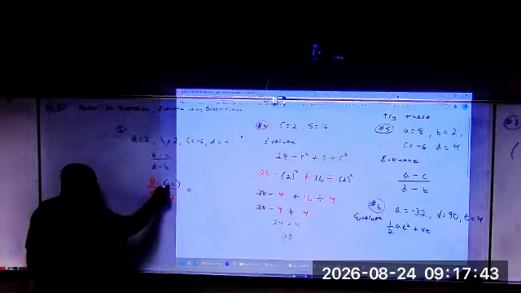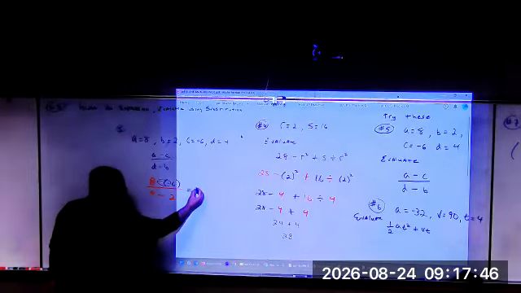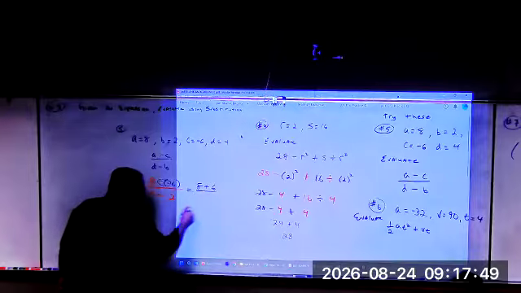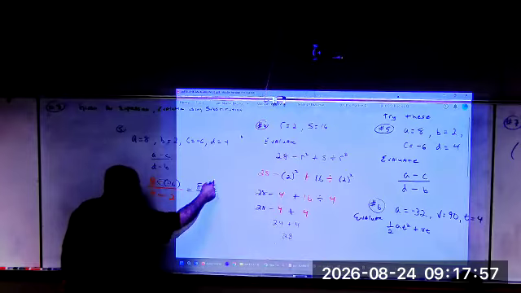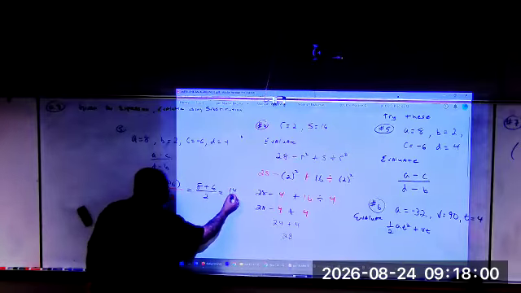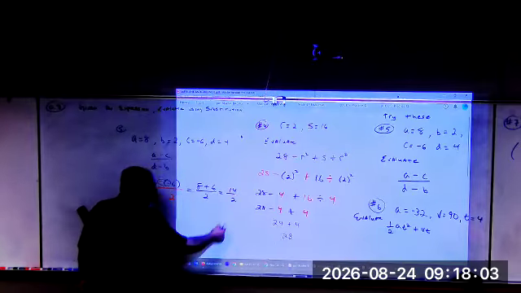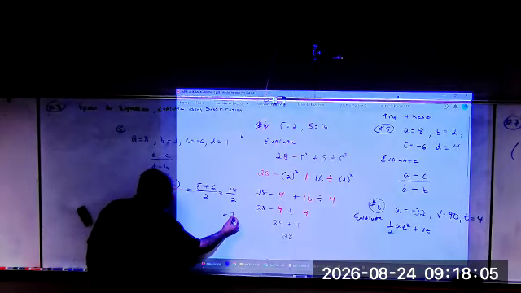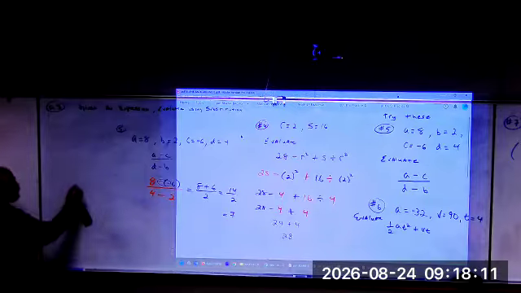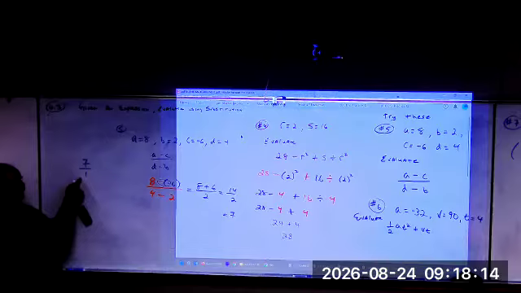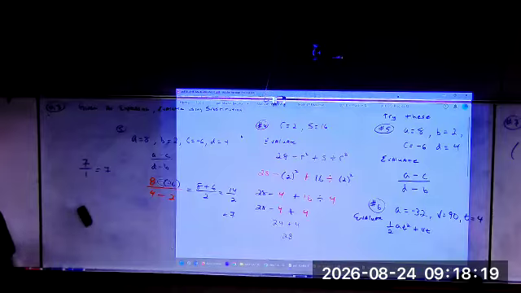So this 8 minus -6 is going to become 8 plus 6 over 4 minus 2 is just 2. So this 8 plus 6 is now 14 over 2, and 14 over 2 is just 7. It is 7 over 1, yes. But 7 over 1 is not simplified to those terms. 7 divided by 1 is just 7.